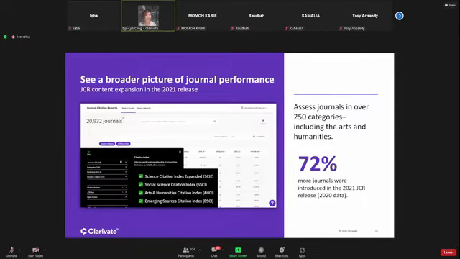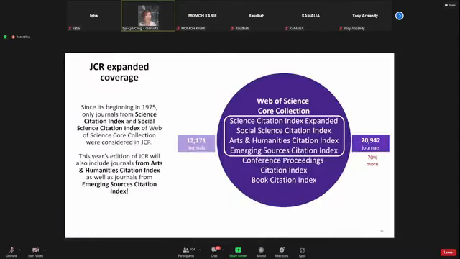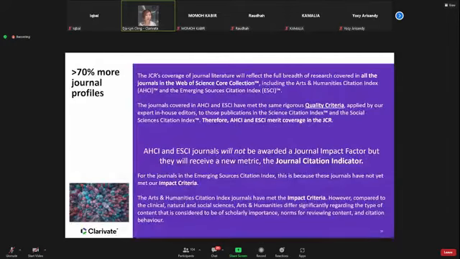So watch out for that. Okay, so for this year, currently, the AHCI and the ESCI journals will still not be awarded a journal impact factor purely because of the current criteria that we have when issuing a journal impact factor. Okay.